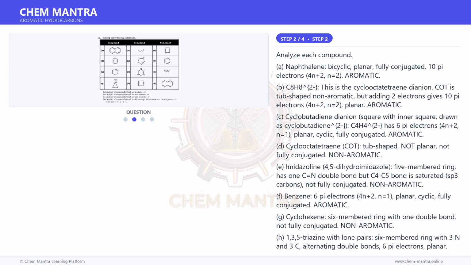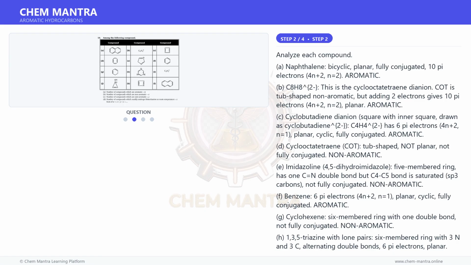Analyze each compound. A. Naphthalene, bicyclic, planar, fully conjugated, 10 pi electrons, 4n plus 2, n equals 2. Aromatic. B. C8H8 2-. This is the cyclooctatetraene COT, which is tub-shaped and non-aromatic, but adding 2 electrons gives 10 pi electrons, 4n plus 2, n equals 2, planar.